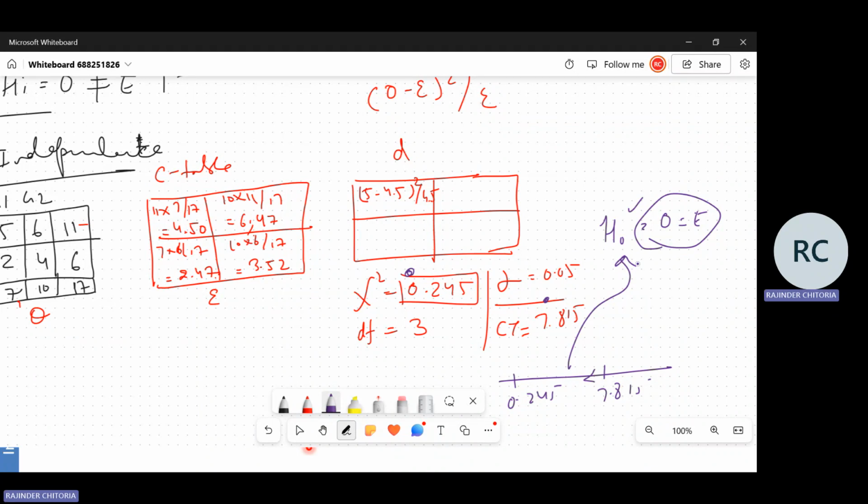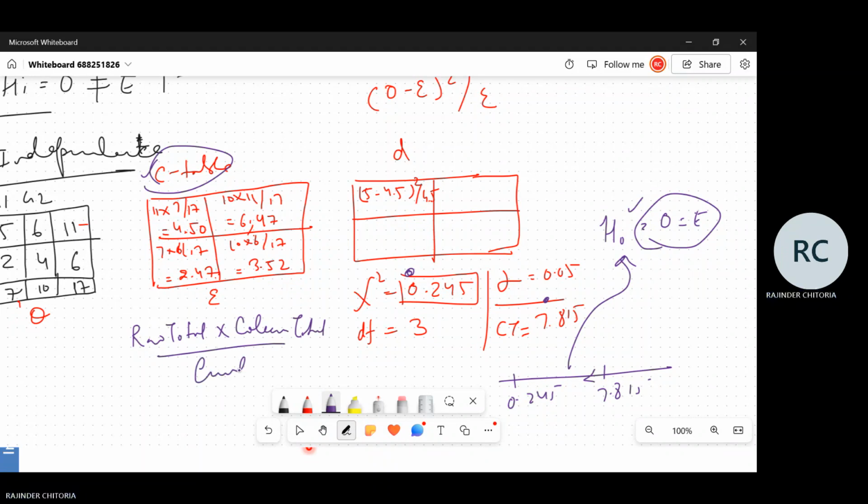So the important point here is calculating your contingency table. We take row total into column total divided by the total frequency.